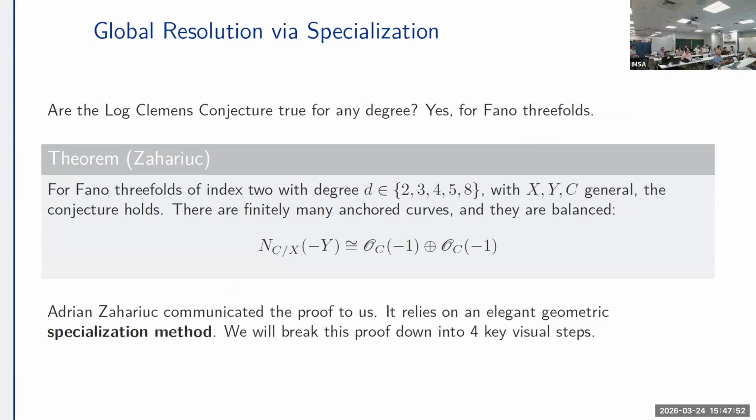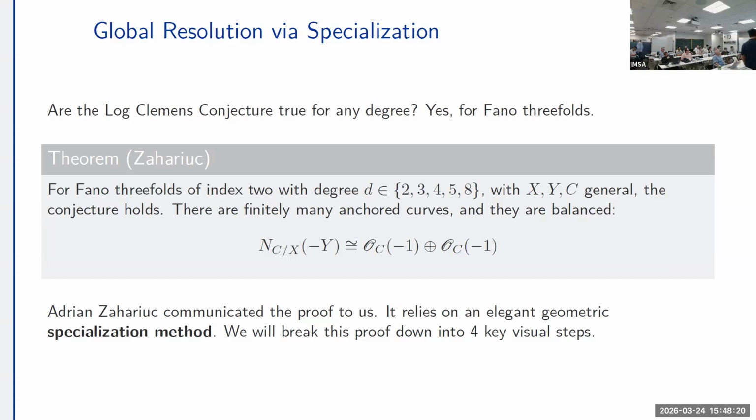So now the conjectures that I put were for half log Calabi-Yau threefolds. Here we have to restrict X to be Fano. I'm not sure how far that is from the general situation, maybe the experts know, but the theorem is as follows. Let us consider a Fano threefold of index 2, and the degrees in these numbers.